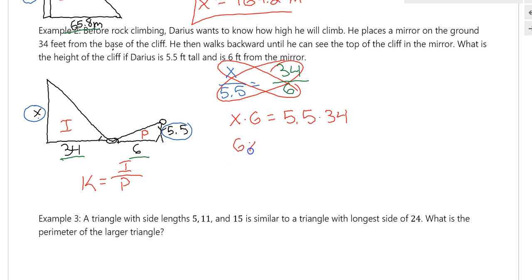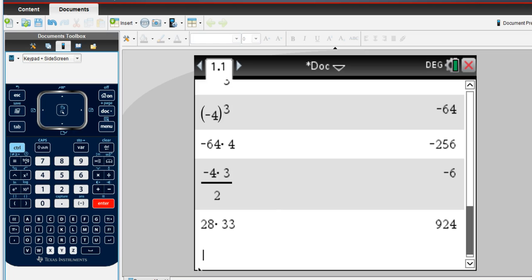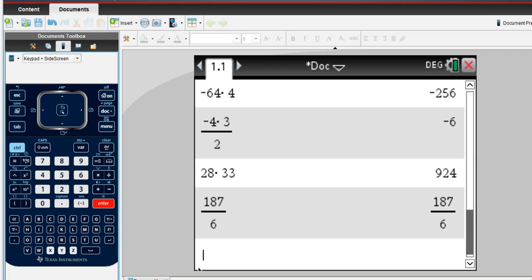X times 6 is just 6x. 5.5 times 34 is 187. I do want to show this one on the calculator, just because this is a real world problem, I want it as a fraction. And this calculator is not going to give it to you as a fraction.